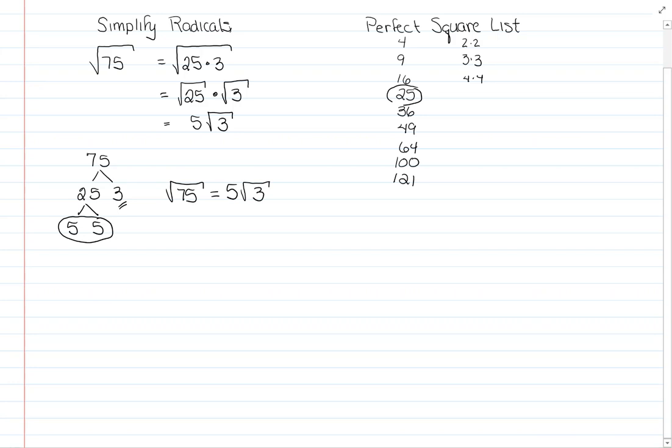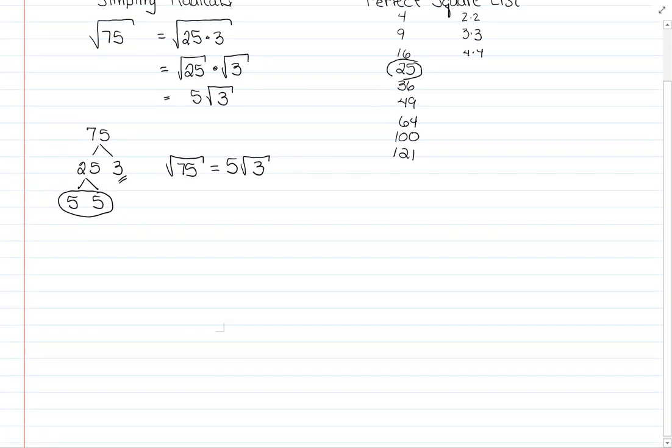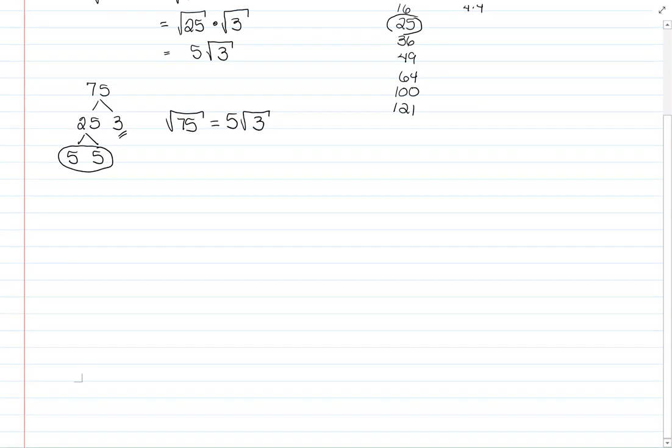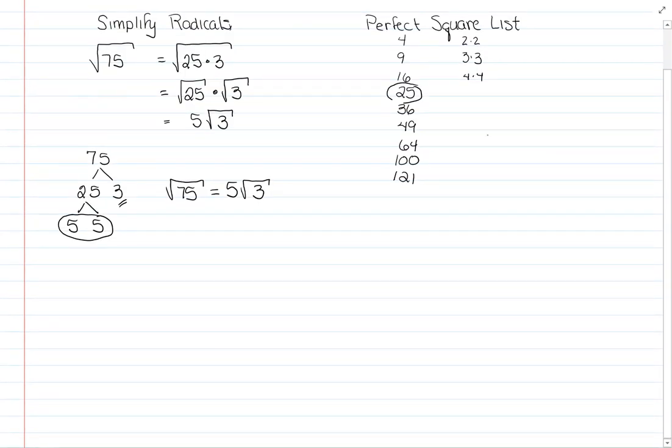Okay. So if I take a slightly bigger number, like the square root of 216, and I want to use the pair method or the factor tree, I can use my calculator to help me out.